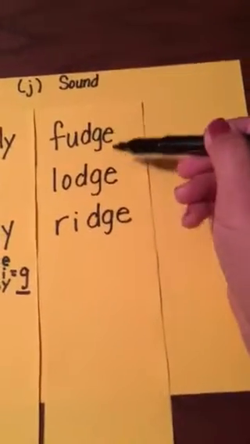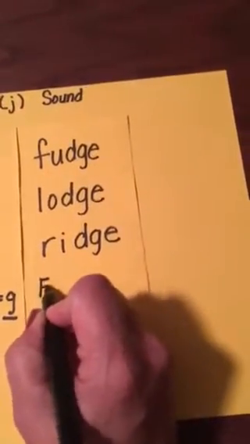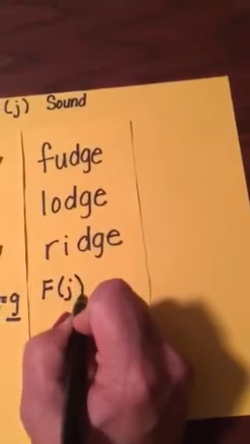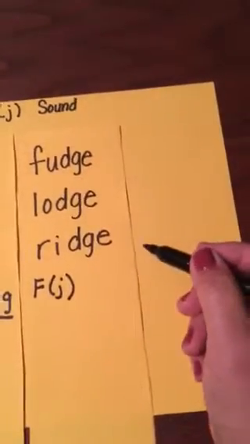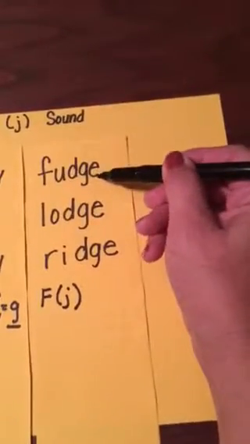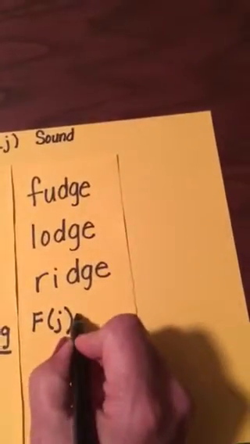That's correct. We're hearing it in the final position. So, final J is spelled how? That's correct. It is spelled D-G-E.